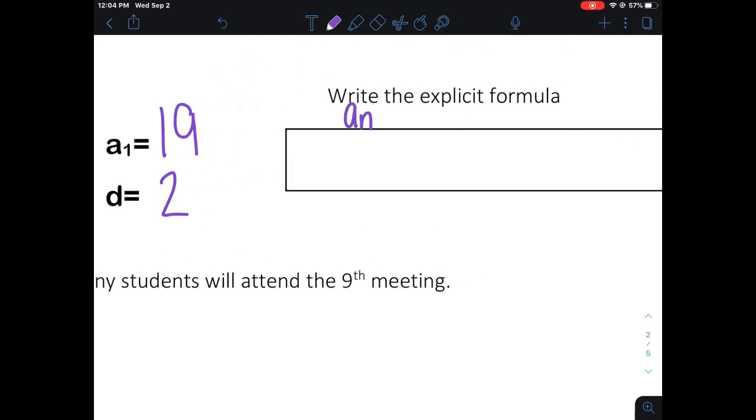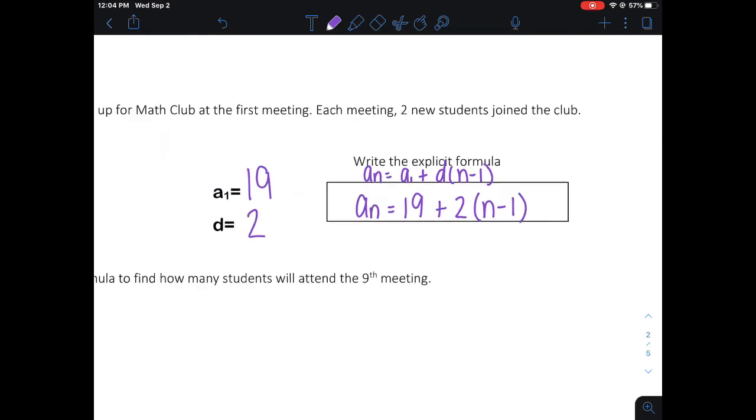Explicit formula: A sub n equals the first term, 19 students at the first meeting, plus 2 additional students each meeting, times n minus 1.